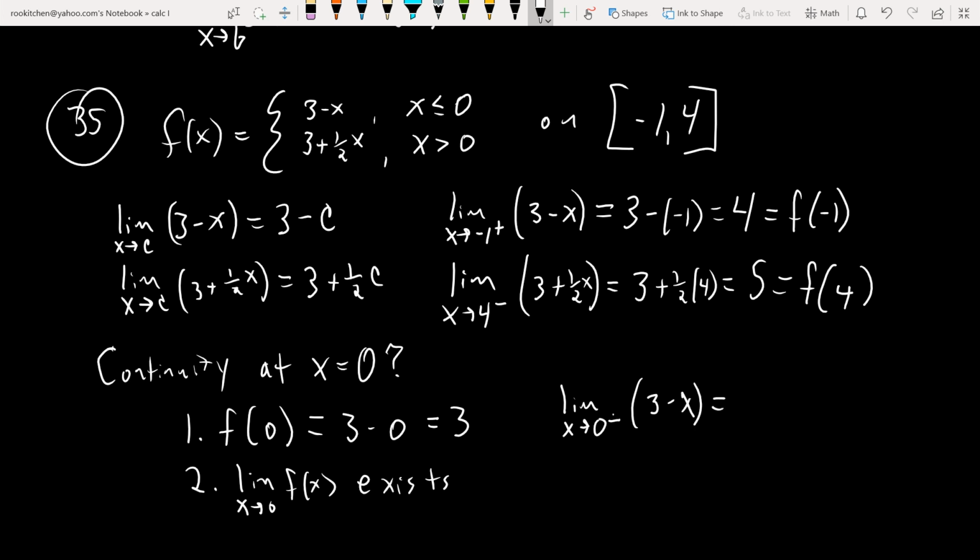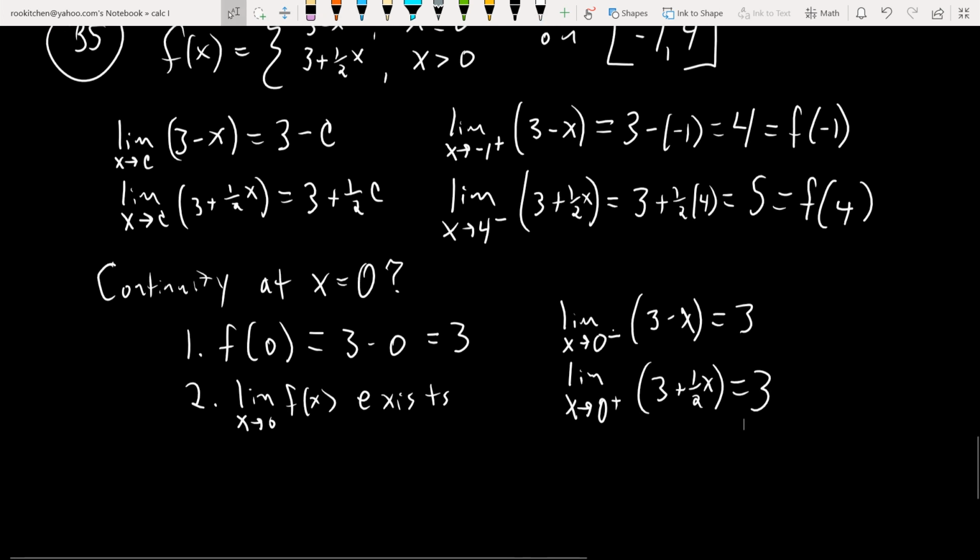So that would be 3 minus 0, which is 3. And then I have to figure the limit as x goes to 0 from the right. In that case, all the values I'm plugging in are greater than 0, so I use 3 plus 1/2 times x, and that'll equal 3. So I don't have this business with different left and right hand behaviors, so that limit does in fact exist.